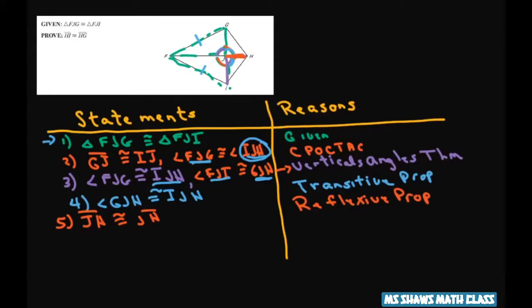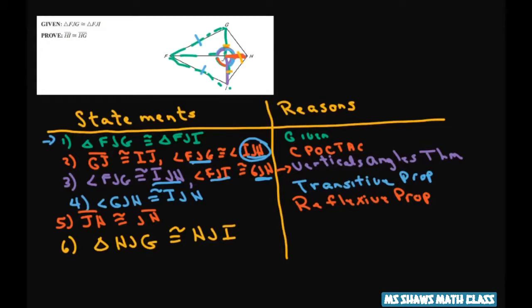And then we have also that since these are congruent, and these are congruent, we have triangle HJG is congruent to HJI.